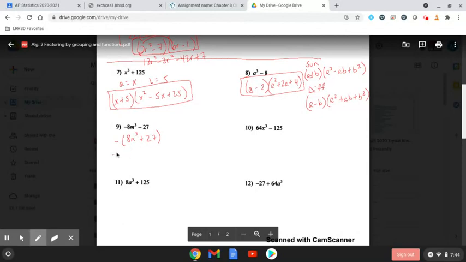So the cube root of this would be 2m, because 2m cubed would give us 8m cubed. Plus 3. 3 cubed is 27. So now go back to this. Square the first term. A common mistake here is that students just make it 2m squared.